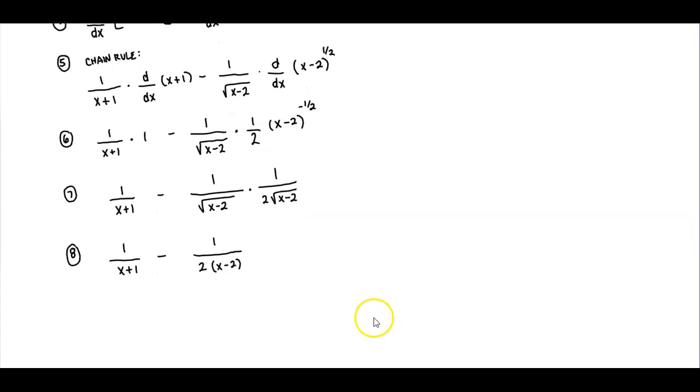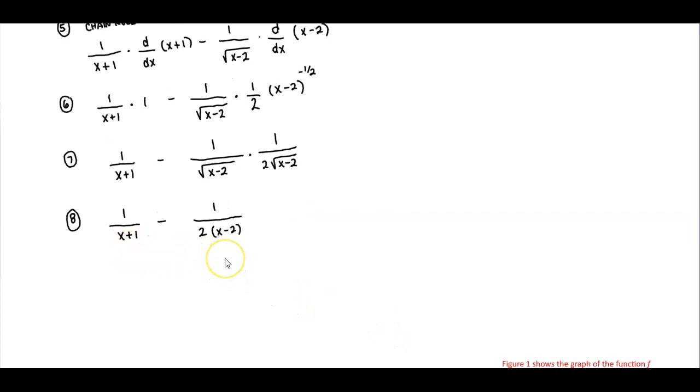So now from here, we want to find an LCD so we can combine these fractions. If we look at the denominators, a common denominator is 2 times (x + 1) times (x - 2).